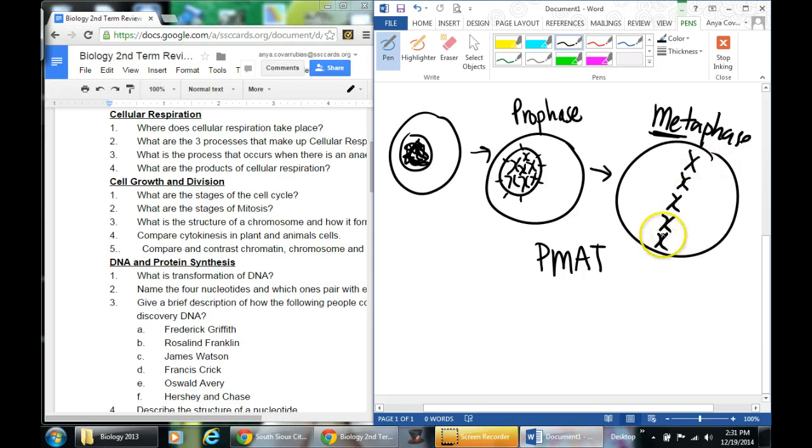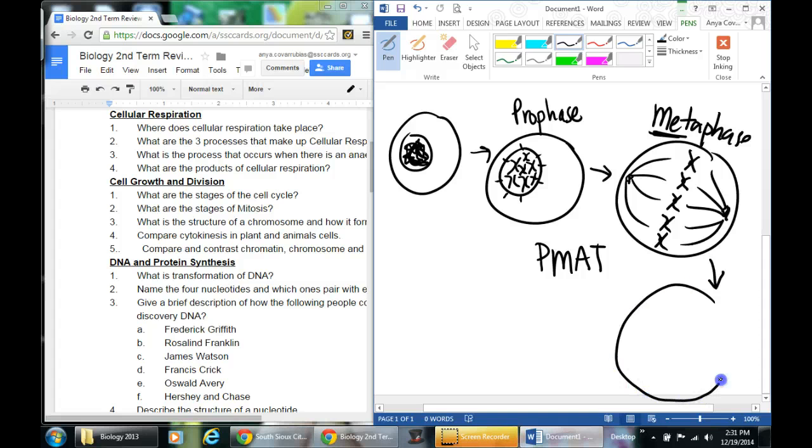So if you were looking under a microscope, you would see this kind of darkened line in the middle, and that would be where the dense DNA would be lined up in the middle. We have little centrioles that are starting to spit out some spindles that are going to pull these chromosomes apart from their centromeres. The centromere is right in the middle, and that's where those spindles are going to be attracted to, and they're going to break apart.